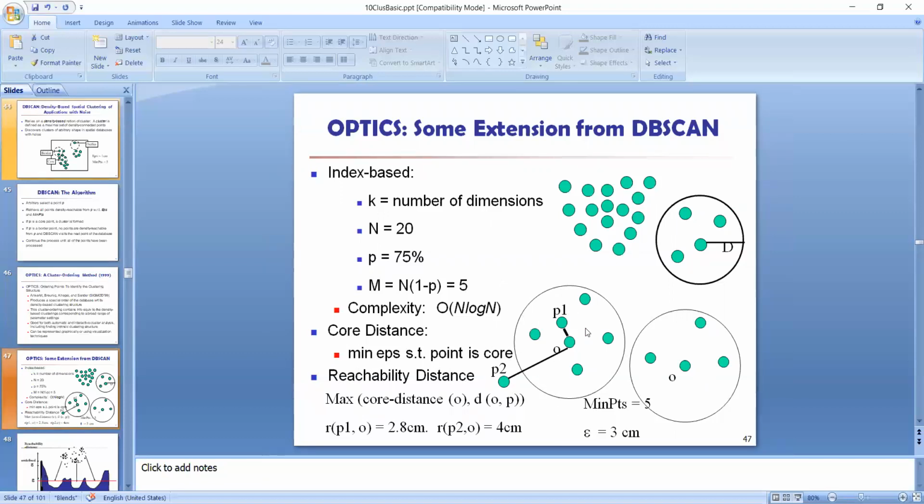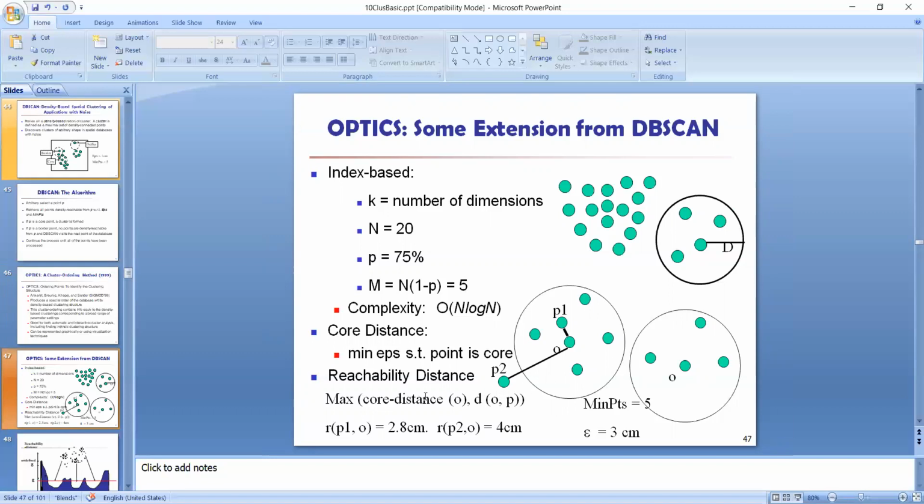Say I want to calculate the distance between two points, P1 and P2. The reachability distance is the maximum of the core distance and the actual distance between those two points. The actual distance can be calculated using Euclidean distance.